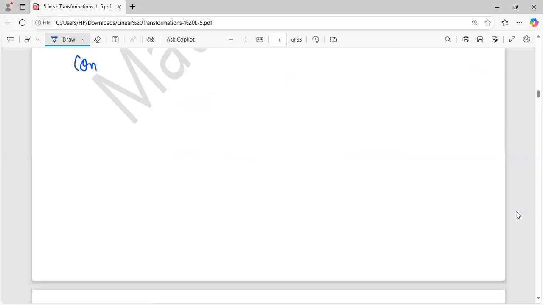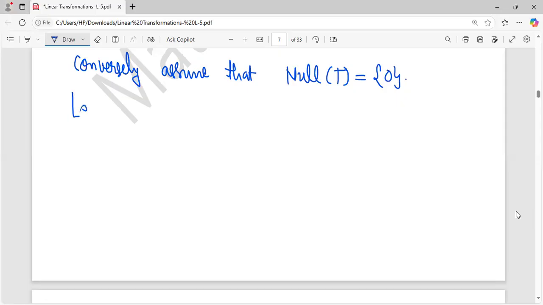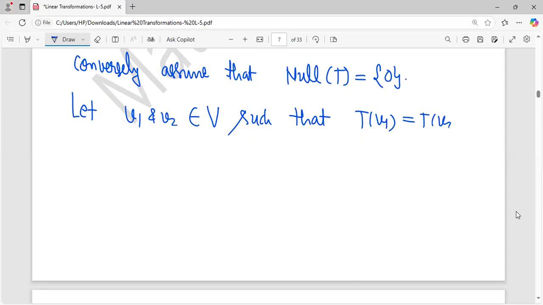Now, conversely, assume that the null space of T is 0. Now let V1 and V2 belong to V such that T V1 is equal to T V2.